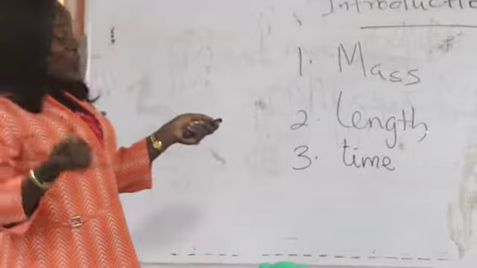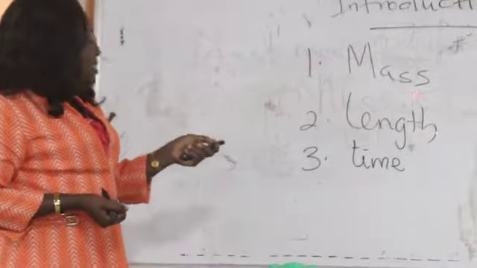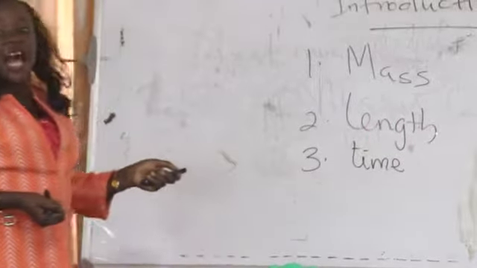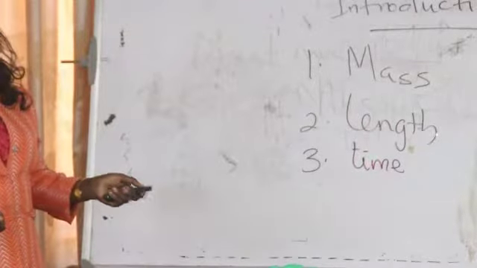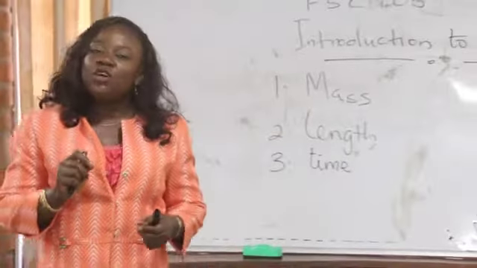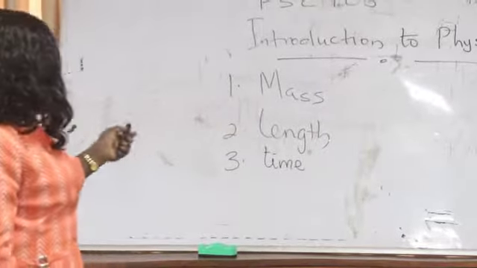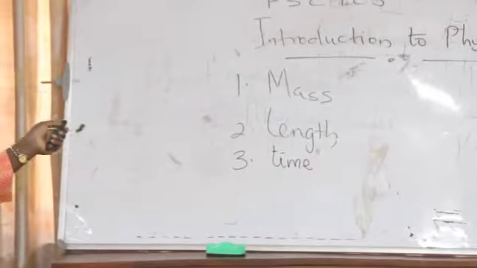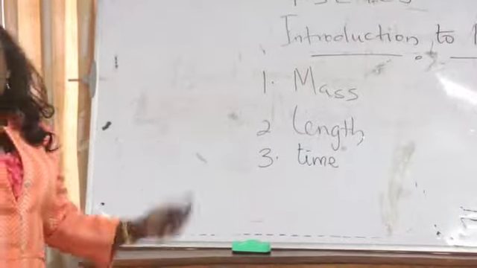So when we are talking about fundamental quantities or basic quantities, we have mass, length, and time. The above quantities are noted for the study of mechanics. All these three, we'll be using them later in our studies in mechanics.